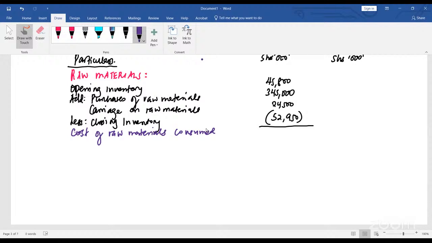How much is the cost of raw materials consumed? 362,350. That is our cost of raw materials consumed.